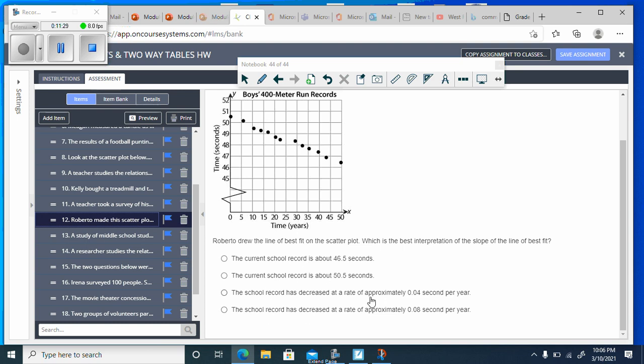The school record has decreased at a rate of 0.04 seconds per year or 0.08. Well, that's fine too. If you drew a line here, I don't have a good way to draw a line with this. Let's see.